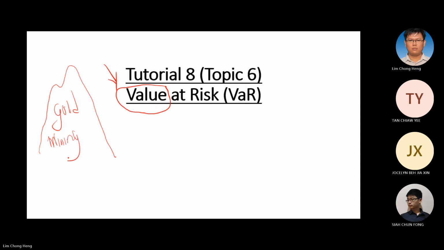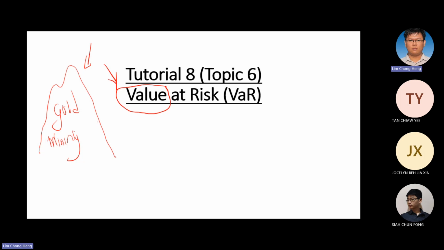You have gold mining activity in this mountain. This mountain may be a gold mine with a lot of value, but you are unable to measure how much. You can just roughly say, oh, 10 million, 20 million. In this situation, value at risk is unable to apply to this kind of company.